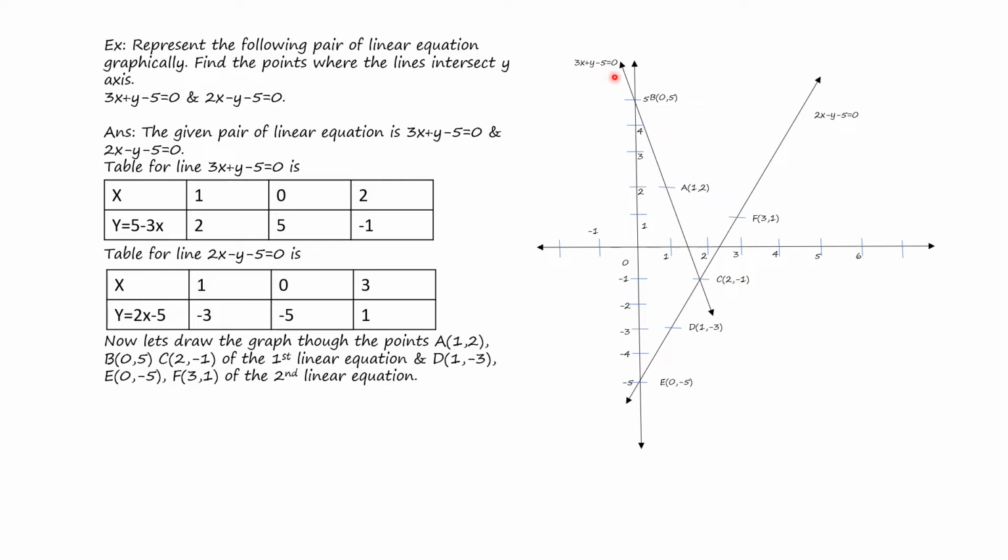3x + y - 5 = 0 intersects the y-axis at (0, 5), whereas 2x - y - 5 = 0 intersects the y-axis at (0, -5), and both the linear equations intersect each other at the point (2, -1).